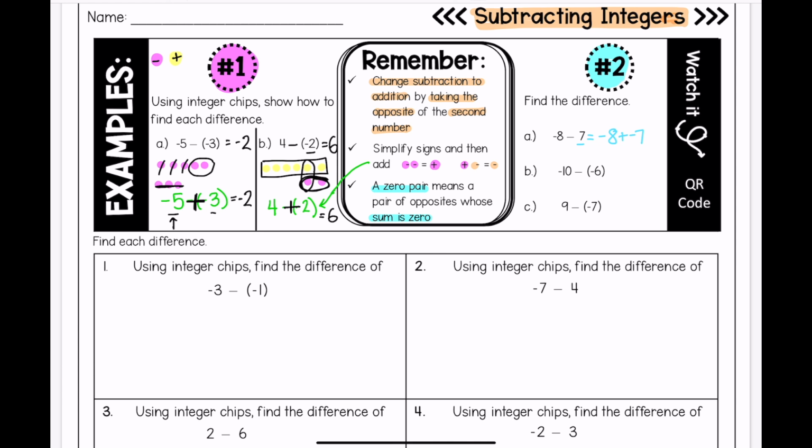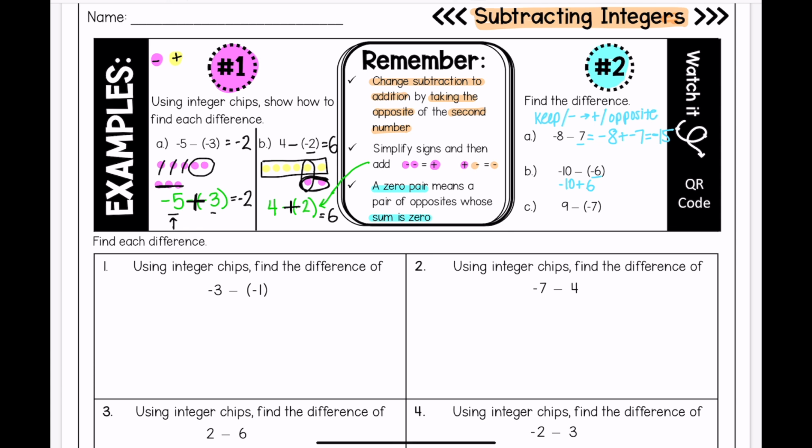So I did keep, then I changed the subtraction to addition, and then I took the opposite. -8 plus -7, they have the same signs, so I just add them and keep their sign. I get -15 there.